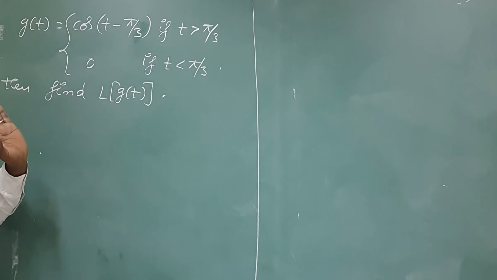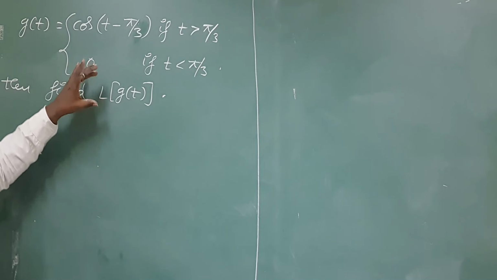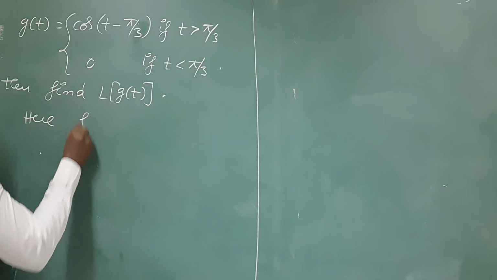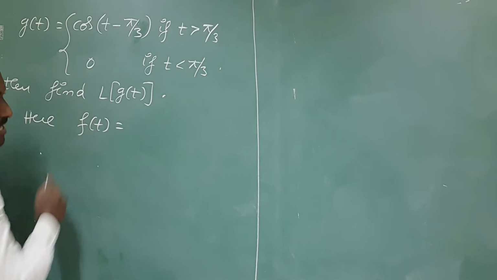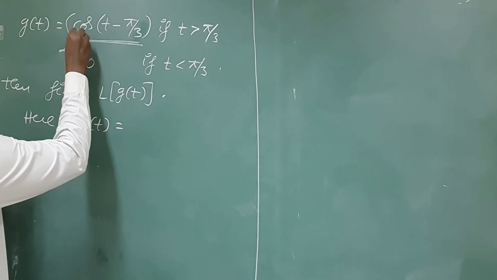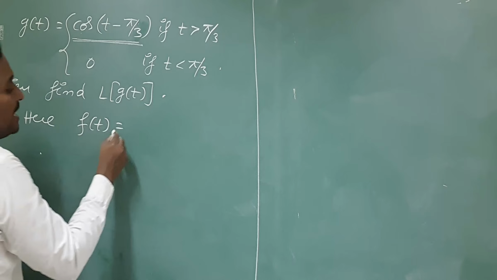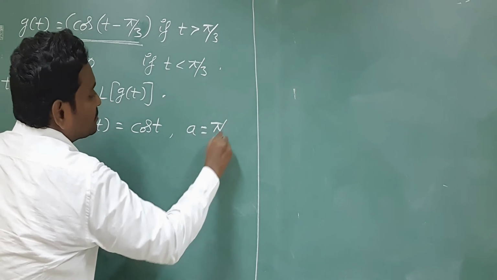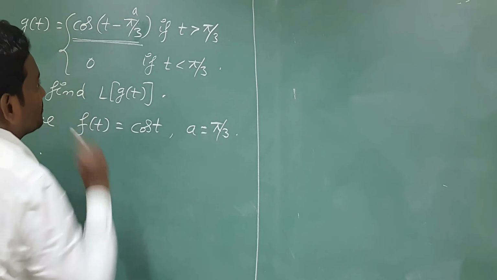Okay, so we are going to find the Laplace transformation of g of t. This is our aim. Here I will define f of t: the right side has a function in terms of cos, so I will take f of t is equal to cos t. Also I will take a value as pi by 3.